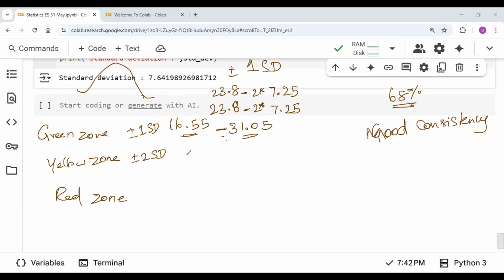So approximately it is going to be 9.30 to 38.30. Are you getting it? In the 1 standard deviation range, 68% of the data falls, which is very good consistency.